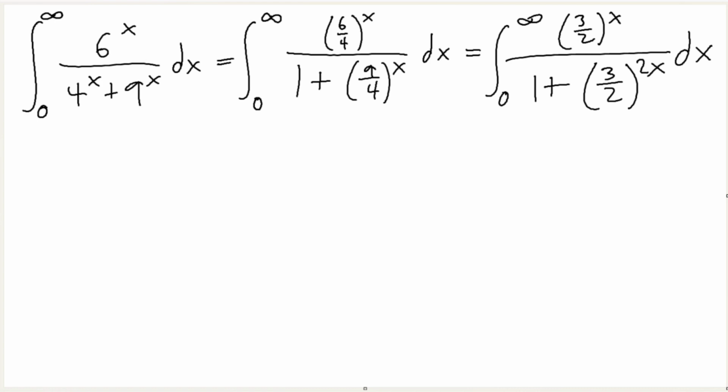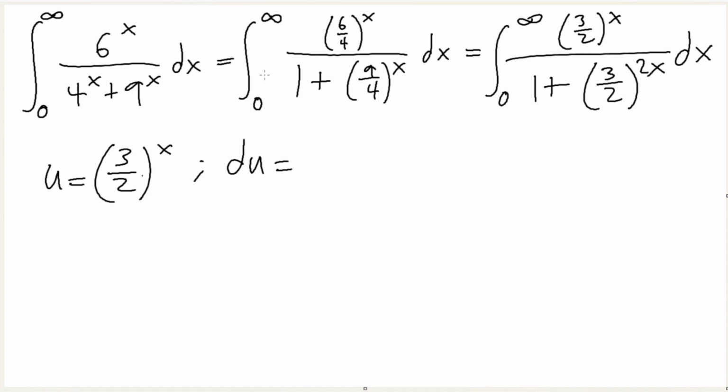What do you notice now? This is just a U-substitution of 3/2 to the power of x. I call this the Norwegian substitution. When I saw this, I was just amazed, oh my god, I could not unsee this.